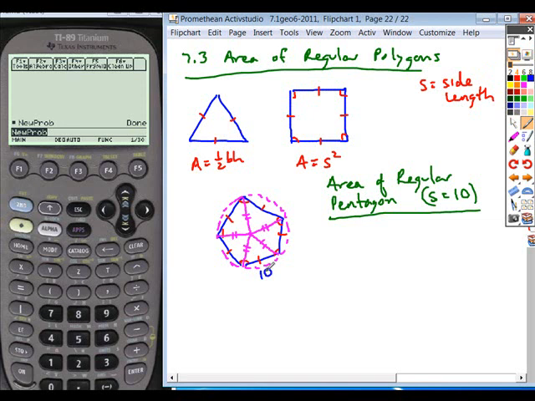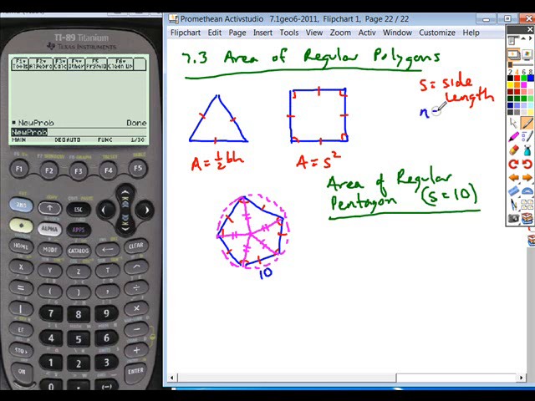So let's say we take our regular pentagon with a side length of 10. How many of these isosceles triangles are created as we encircle the center of this polygon? 5, and it's equal to the number of sides, right?